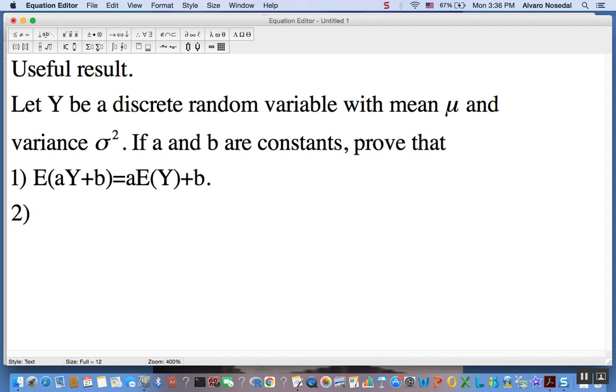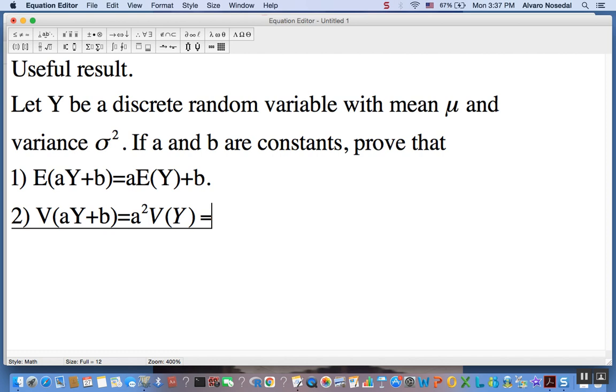The other one has to do with the variance. Now we want the variance of a times y plus b. And it turns out that the variance of a times y plus b equals a square times the variance of y.